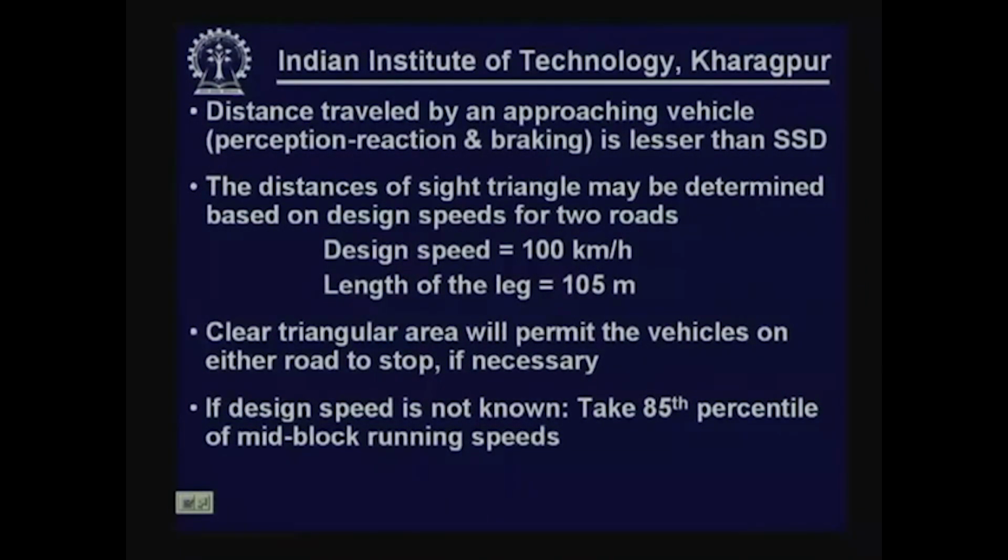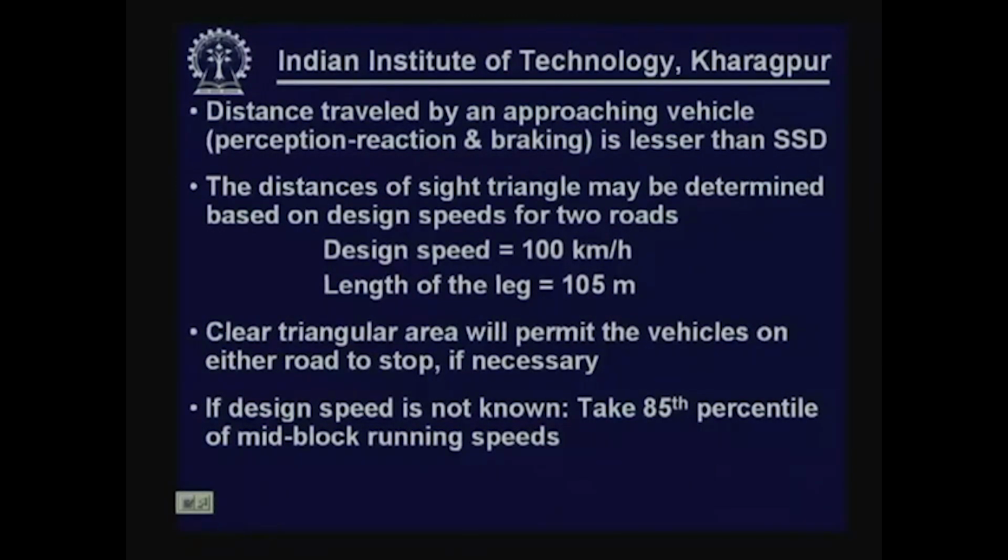Say if the design speed is 100 kilometer per hour, then AASHTO says the required length is 105 meter. So, accordingly for each approach, if we know the design speed, from the table we can get the required length.